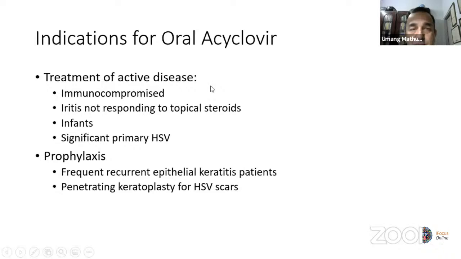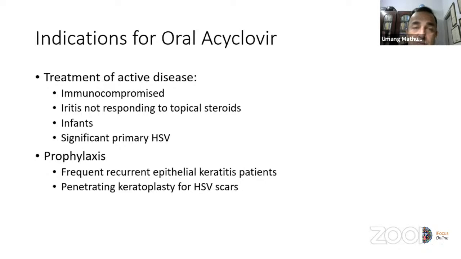So oral acyclovir is given in immunocompromised patients. You give it in uveitis because active virus has been found in uveitis. It can be given in infants who may not be compliant with the topical treatment, and sometimes in significant primary HSV. And of course, we give oral acyclovir for prophylaxis. And whenever you do a keratoplasty for an HSV scar, you need to give oral acyclovir.